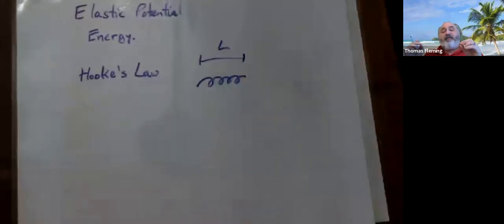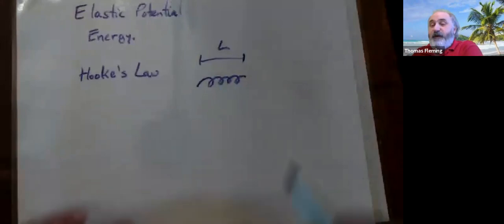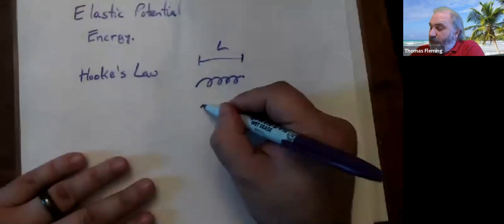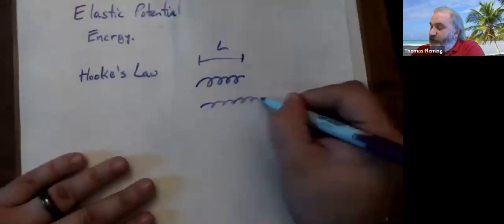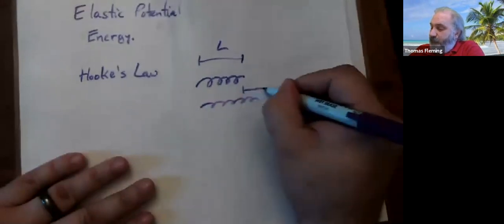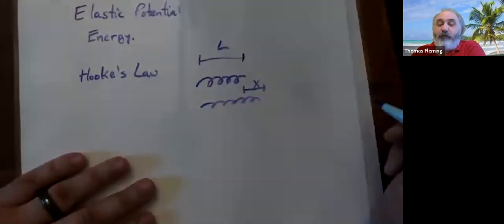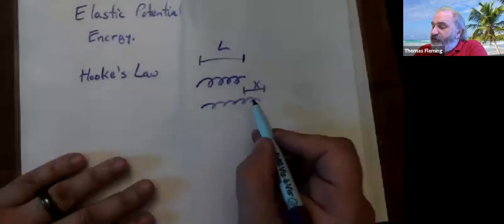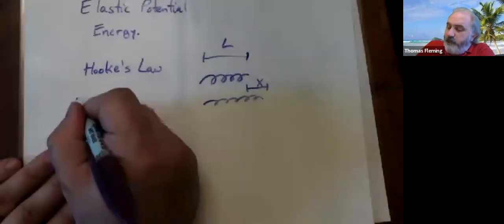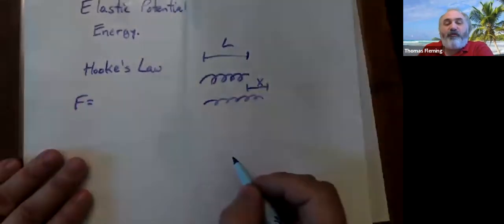However, if you take that spring and you either stretch it or compress it and get it beyond or inside its natural length, so I stretch it out a little bit of extra distance, we'll call that extra distance we stretch it x, then the force that the spring exerts is directly proportional to x.